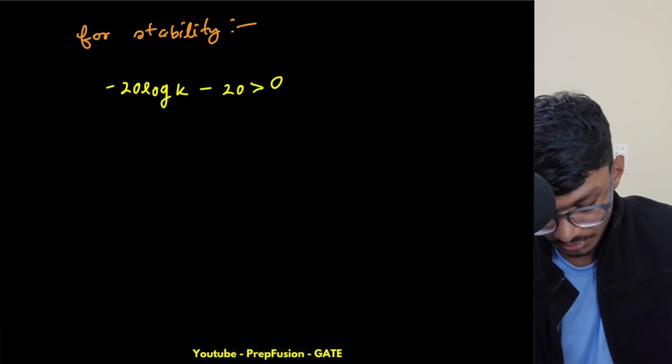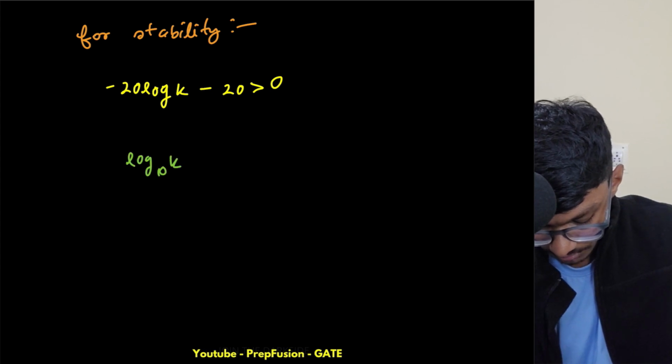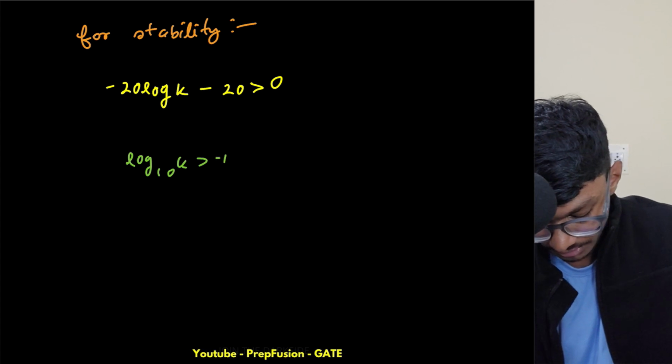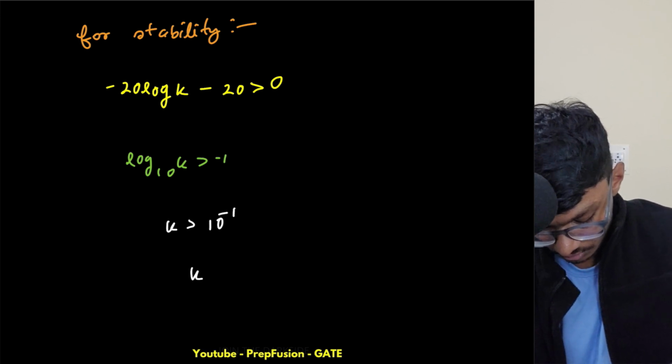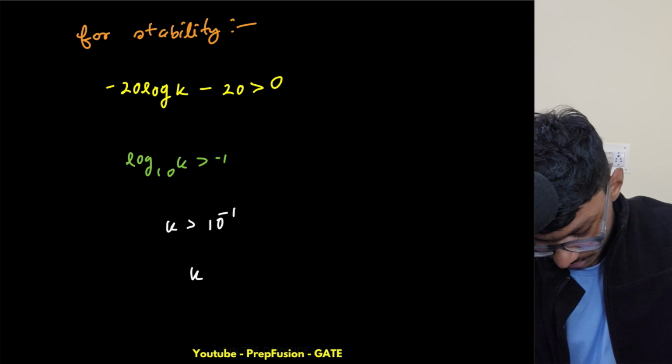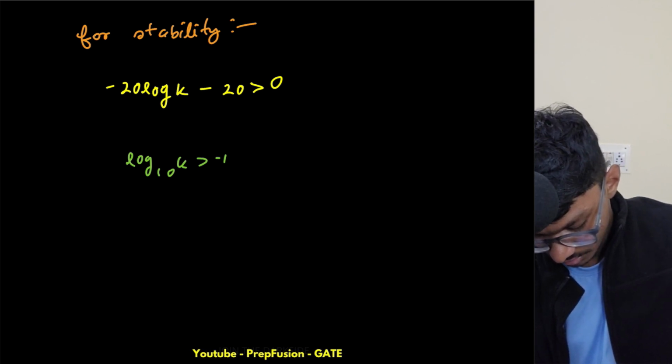Obviously, log base 10 of K should be greater than minus 1. So K should be greater than 10 raised to minus 1, which is K should be, okay, what did I do wrong here? K should be greater than 0.